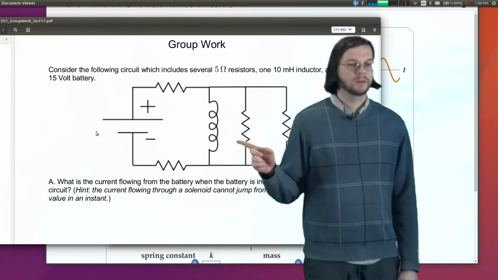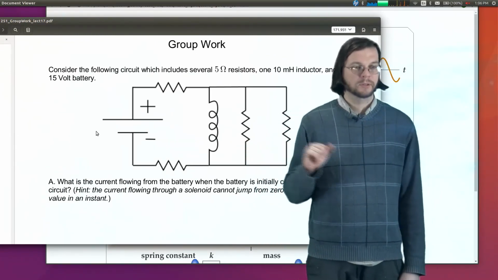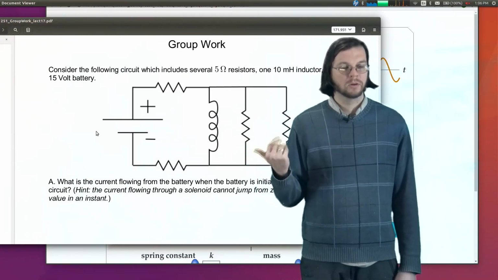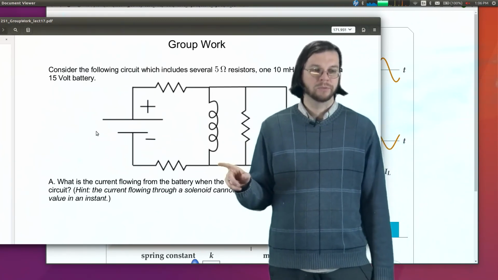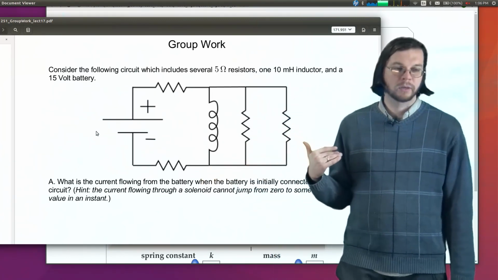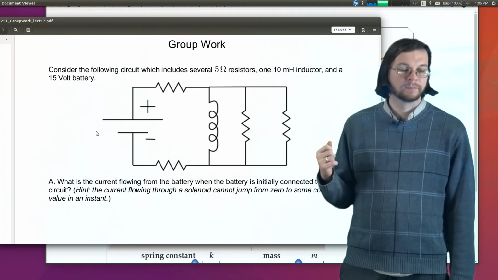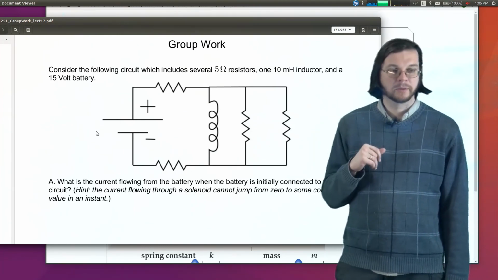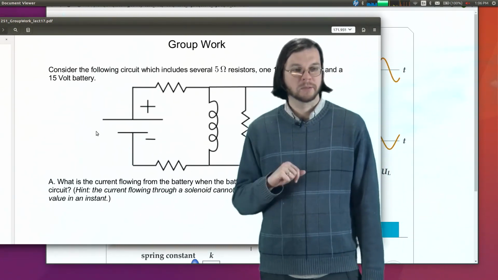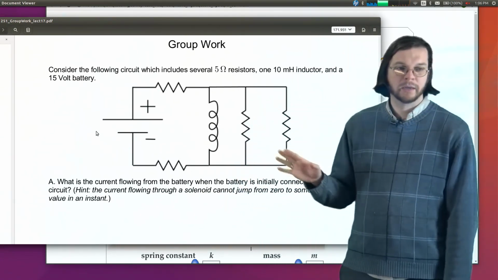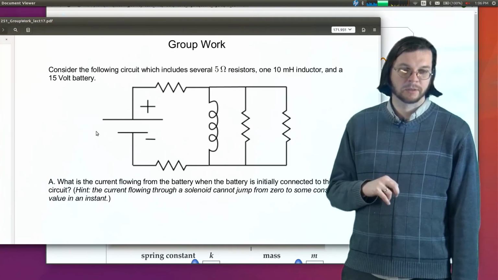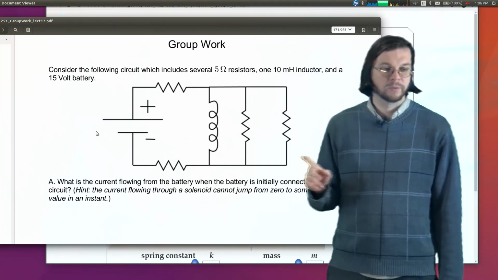So we have an inductor, and then we have resistors and things. And the goal of this is to figure out how much current is flowing initially, right when you connect the battery, and how much is flowing after a long time. And so I've given you some examples of what happens to the inductor. And so this is a nice practical example. And again, I could easily put questions like this on midterm 2. So I hope you find this helpful.